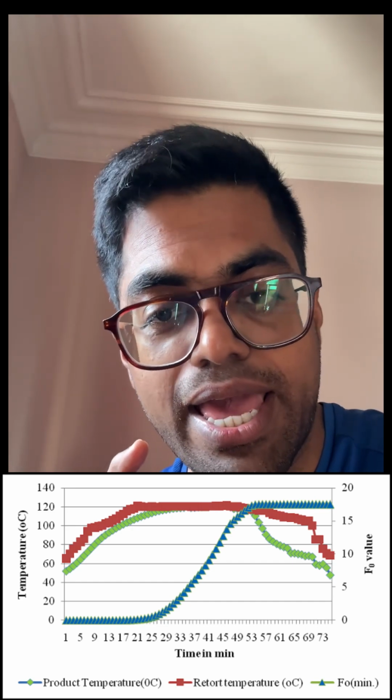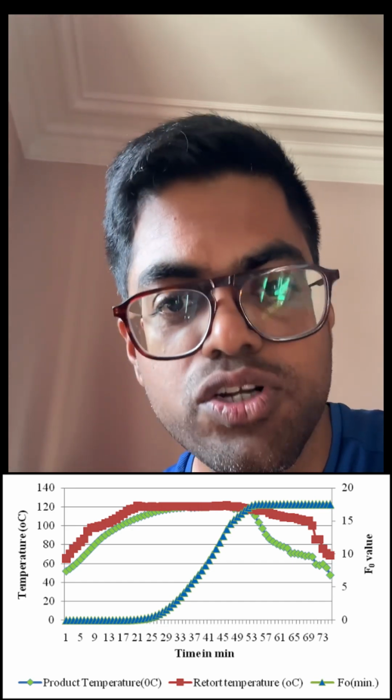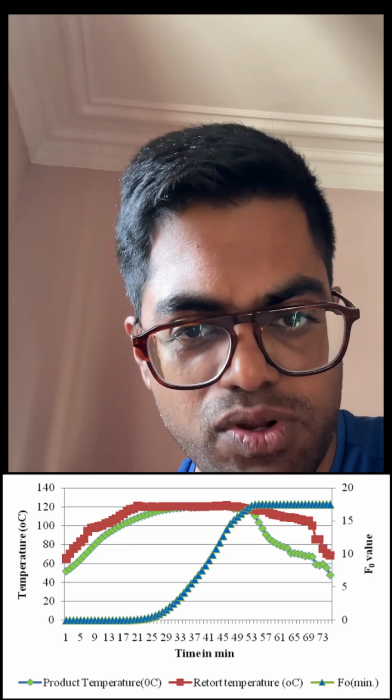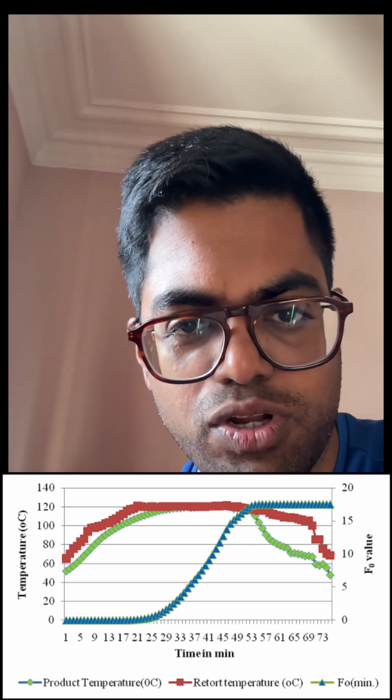That is the reason your 12 minutes may not be equivalent to 12 log reduction or 12 F0 value. In another way, a 12 F0 value does not necessarily show a log reduction of 12, because you may not get a lethality of 1 each minute. As I told you, it may be 0.95, 0.97, 0.89.